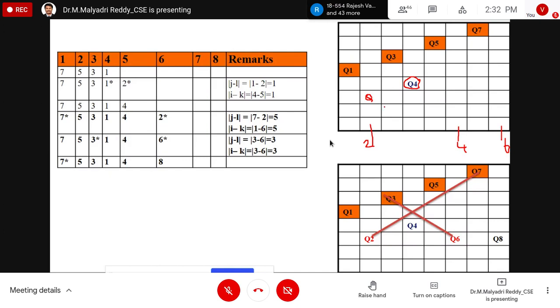Which one? Q2. Just I placed the Q2, right? So is it a feasible solution or not? This is the placing element in the 6th row, right?